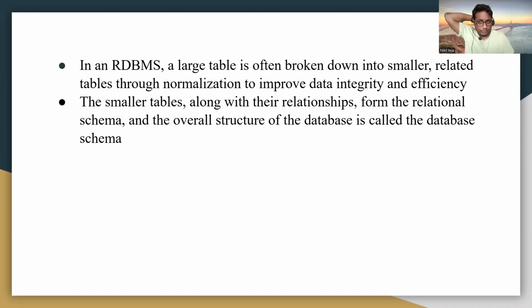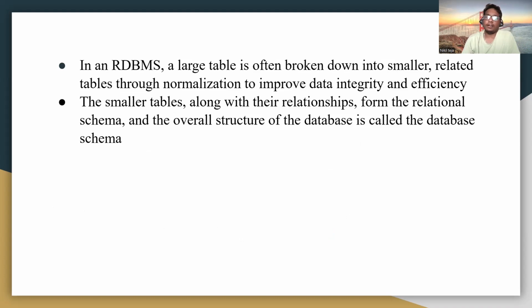Coming to RDBMS, next I will be giving an example, but first we will be learning the concepts in a theoretical way. So in RDBMS, a large table is often broken into smaller related tables through normalization to improve data integrity and efficiency.